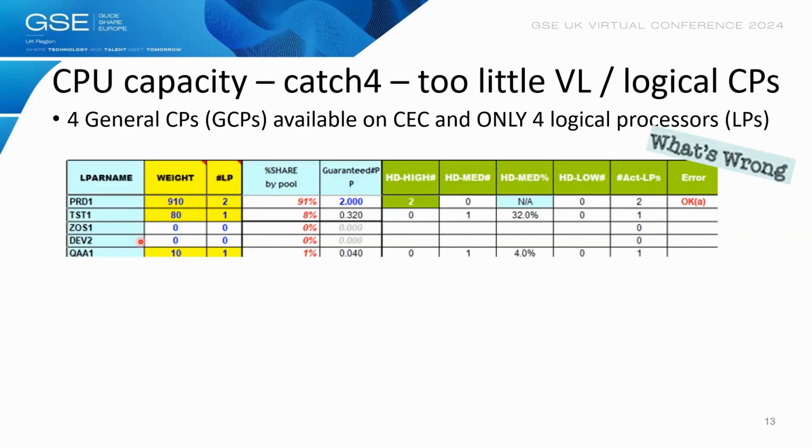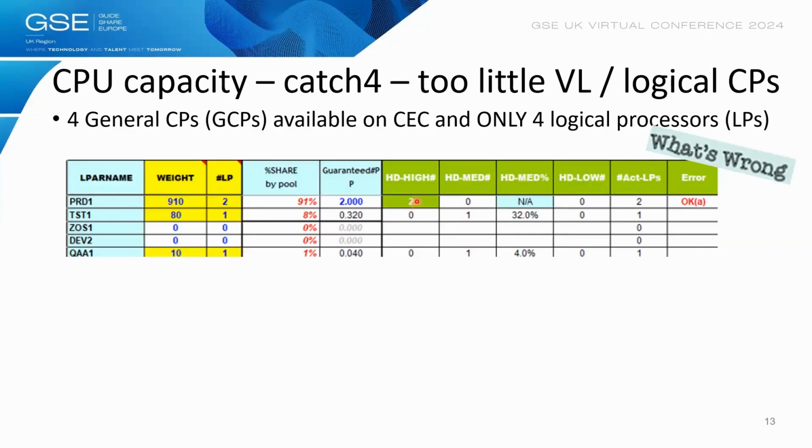So how was the HMC, or how was PR/SM, able to divide and conquer here, right? Since we only had 4 GCPs, we had to assign 1 general CP to those LPARs that have really low weight, right? But still we had to assign the physical vertical medium processors. So those 2 were assigned to the test and QA LPARs.